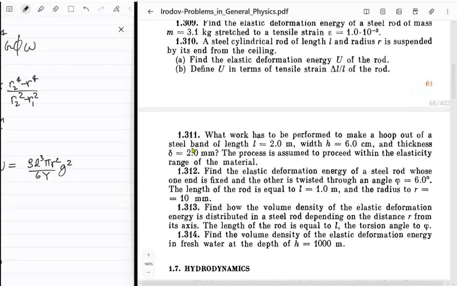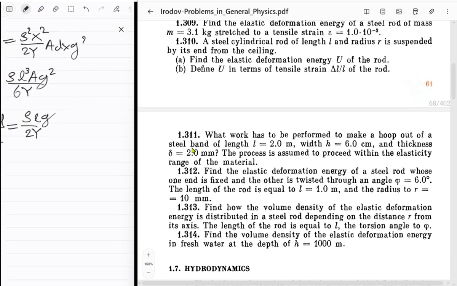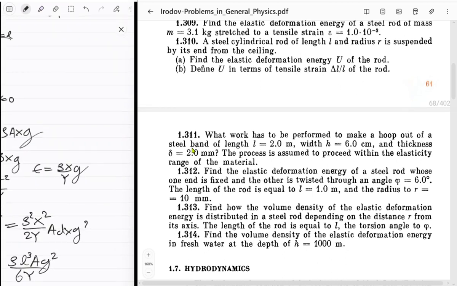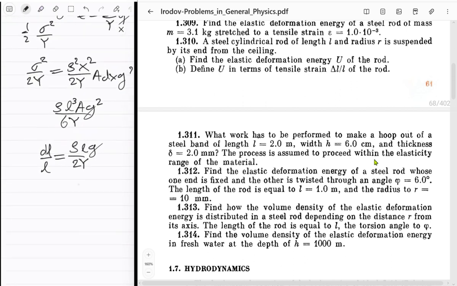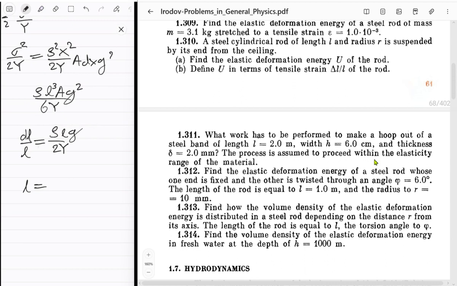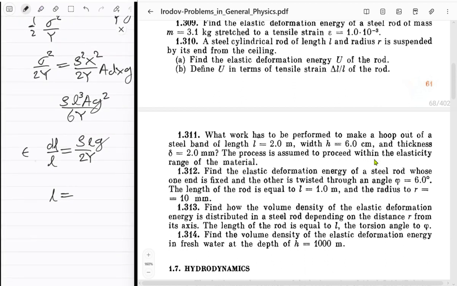So you want this using dl upon L. I'm going to give you that. We don't know what, wait, which dimension do we not know, by the way? I think we don't know the length. Then the length, let's call the effective strain E with a subscript effective, since we only have capital E for energy.